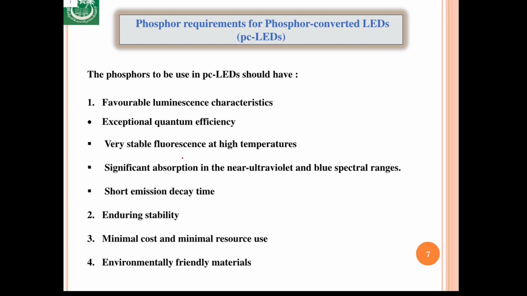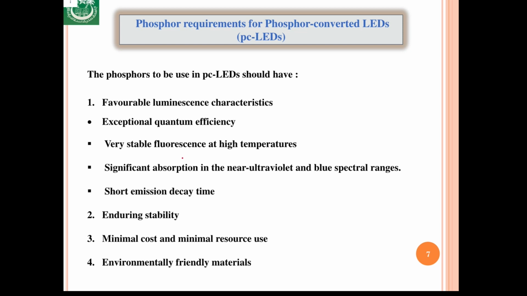The second important criterion for any material to fulfill in order to be used as a phosphor material is enduring stability, as the stability of this phosphor material affects the durability of the PC converted white LED itself.